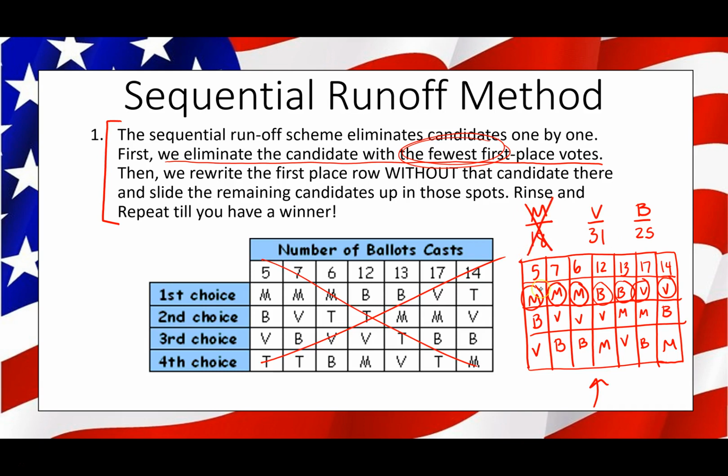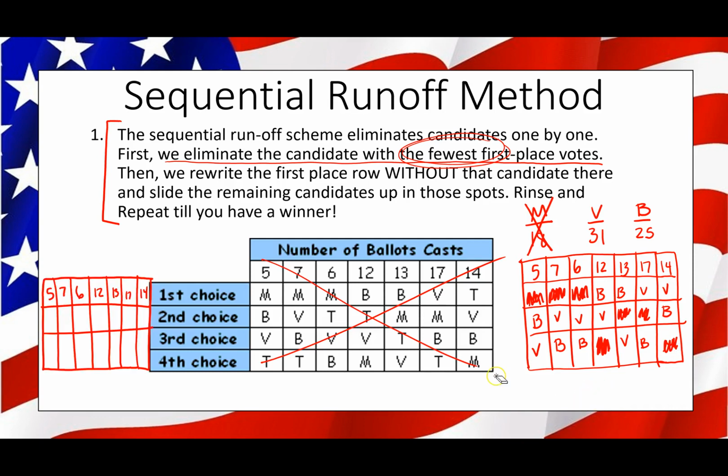Okay. So now what I'm going to do here is I'm going to go through and cross off the M's, and then I'm going to rewrite this with just B and V. All right, so I'm crossing off this M, crossing off this M, crossing off this M, crossing off this M, this M, this M, and that M. Okay, so rewriting this.